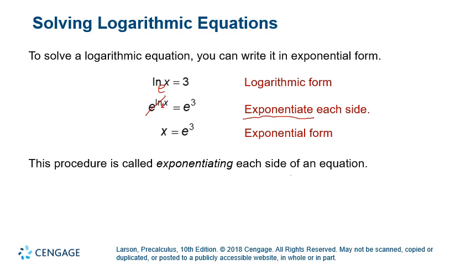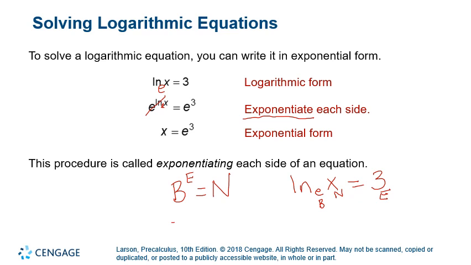Now, another way to think about that equation is to simply remember our log form and exponential form. This is our base. This is our number. This is our exponent. If I go from logarithmic to exponential, remember it is b to the e equals n.